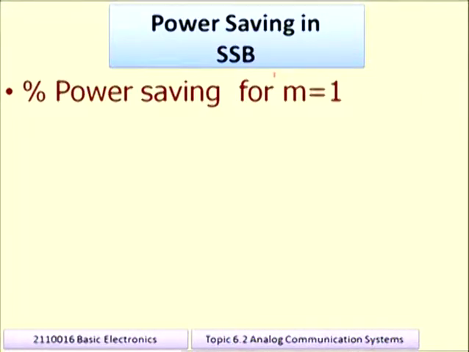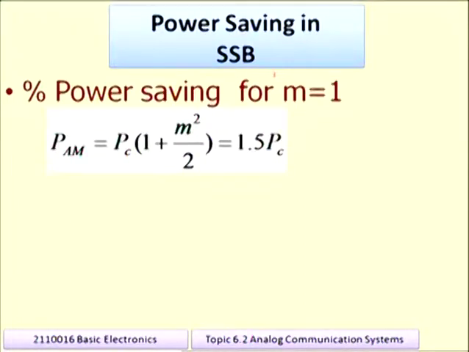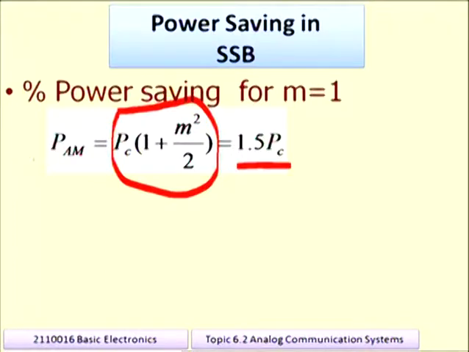And if you calculate the power saving in single sideband, let's calculate it for m = 1. You know that the transmission power of an AM system is Pc(1 + m²/2). In this equation, if you put m = 1, then you will find that the transmission power is 1.5 Pc.